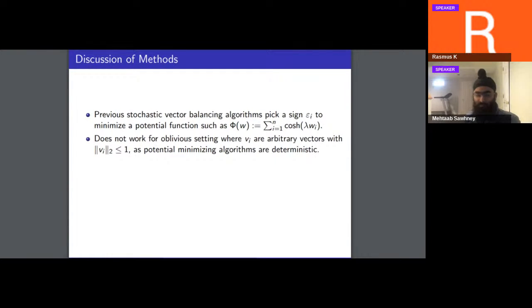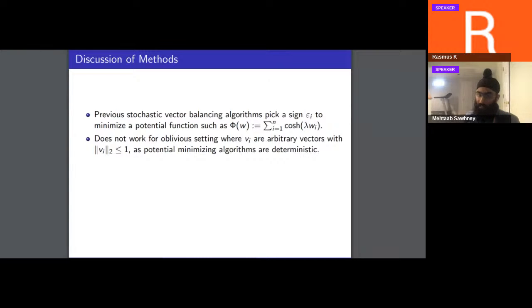And this can never work for the oblivious setting, because there you're given arbitrary vectors v_i where the 2-norm is less than 1. Note that the potential minimizing algorithm I described is actually deterministic. This is a huge issue, because if your algorithm is deterministic, then the square root t lower bound that I gave for an adaptive adversary also applies.